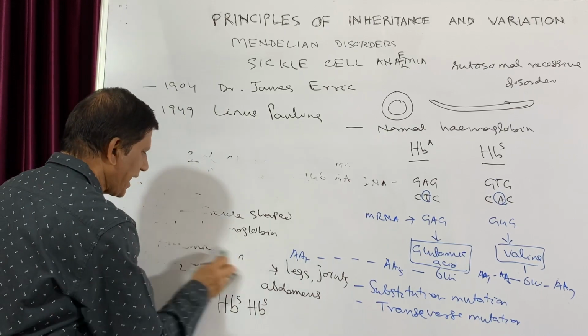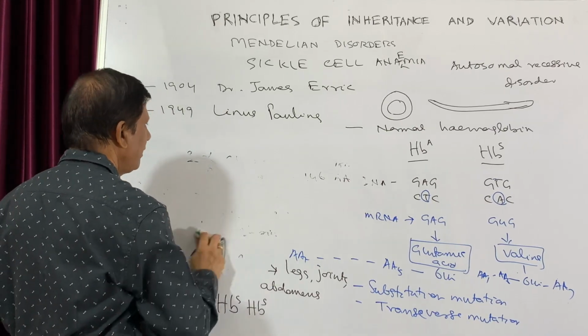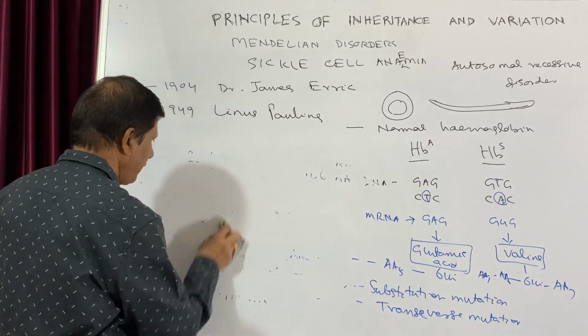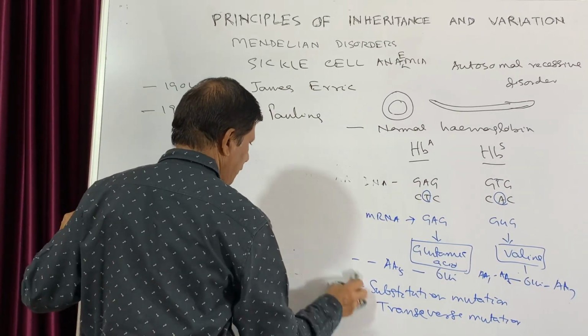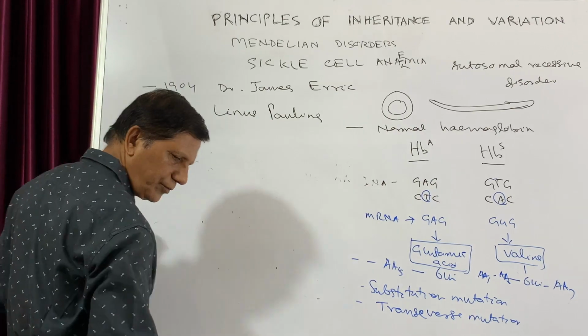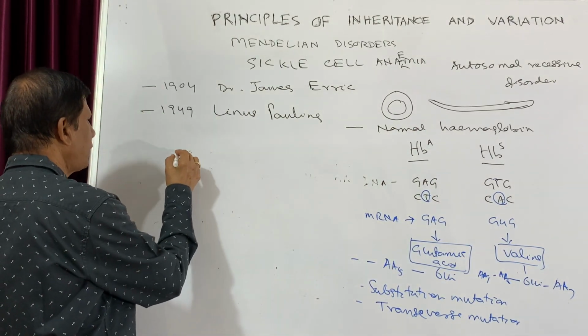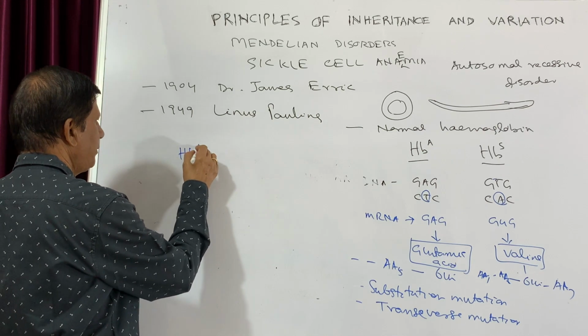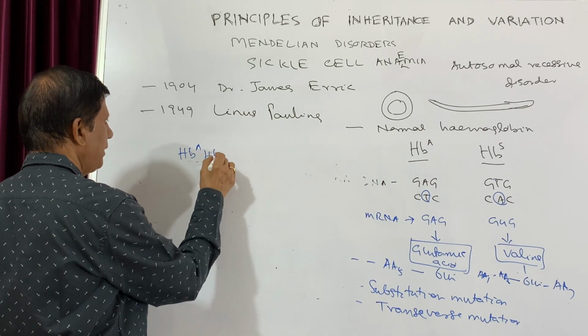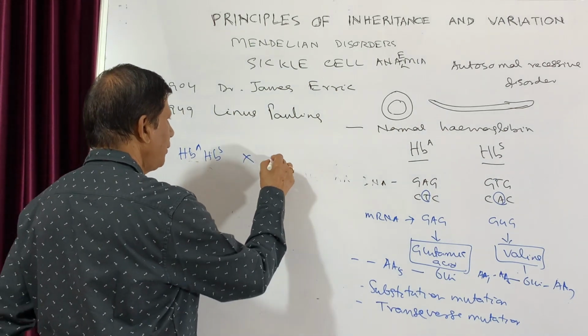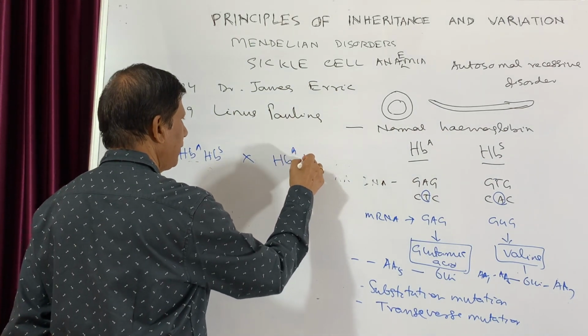If two carriers, one father and one mother, there will be marriage between them, then what is happening, you see. Suppose the father is heterozygous, HBA and HBS. The father is heterozygous, and also the mother is heterozygous.